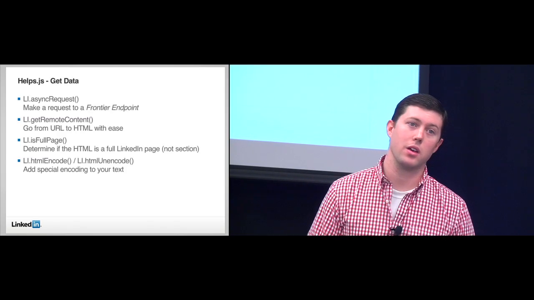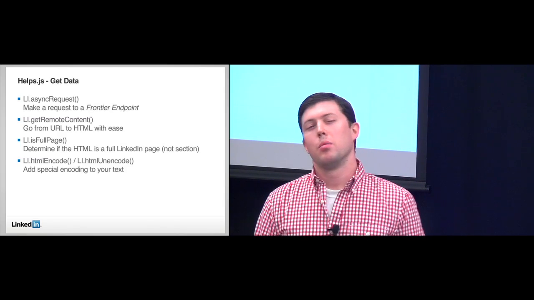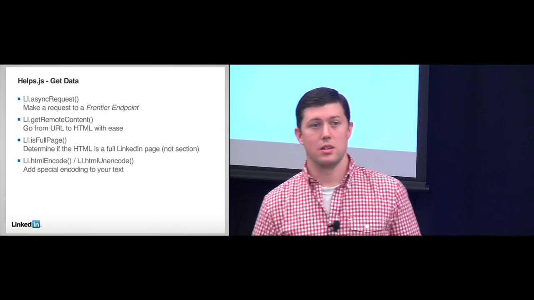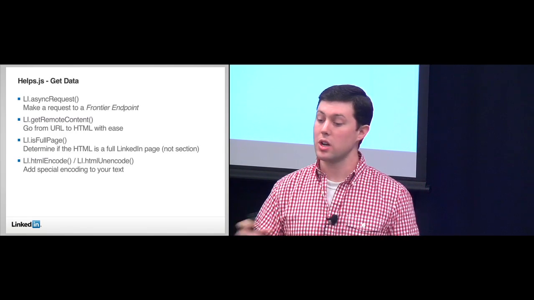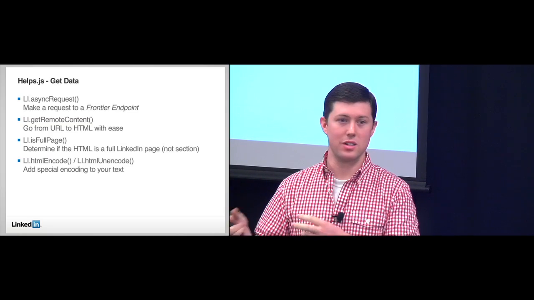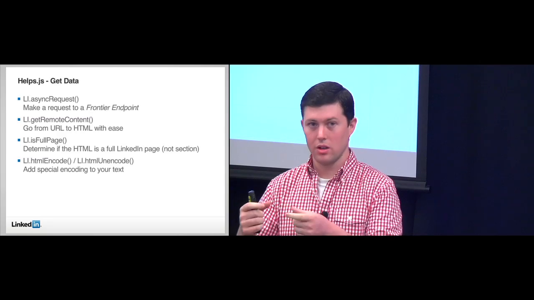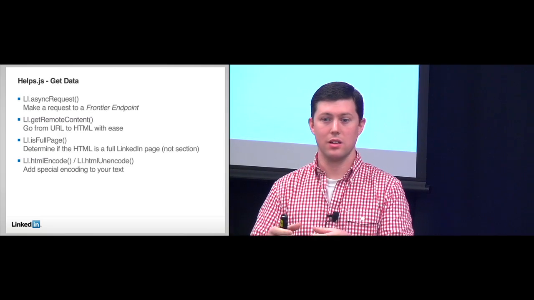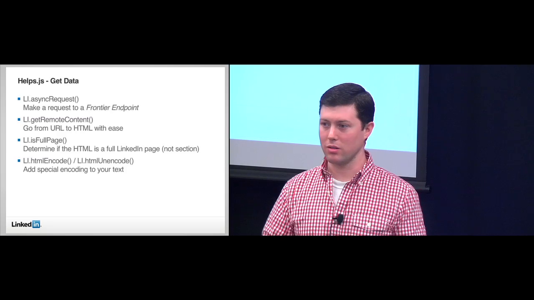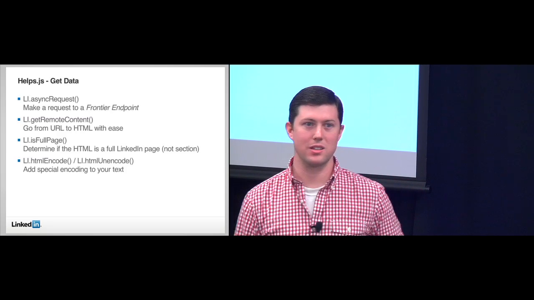And then another helper method that is useful when working with asynchronous data is full page, which will check to make sure that the response from some frontier endpoint returns just the Ajax data instead of an entire page, because that might be an error. You might want to have a different flow through your code if that's the case.